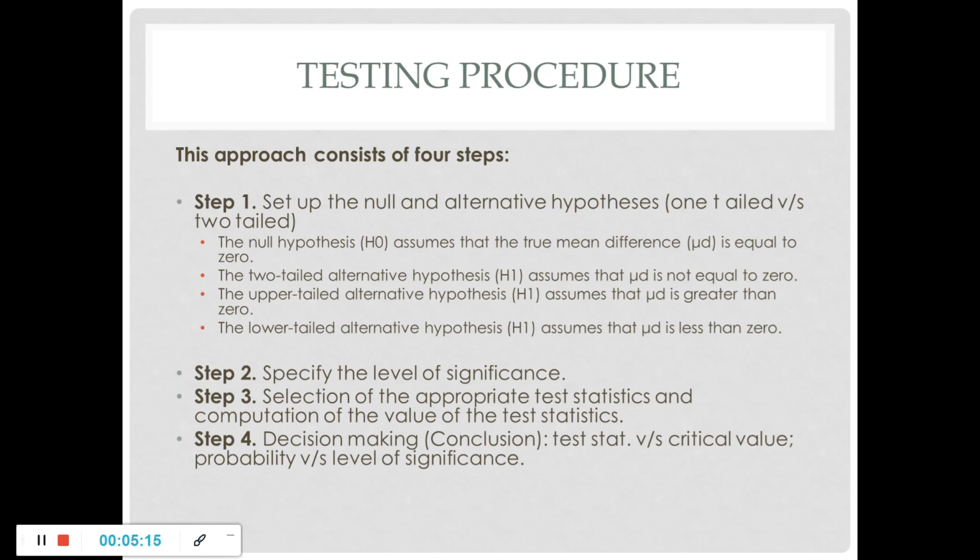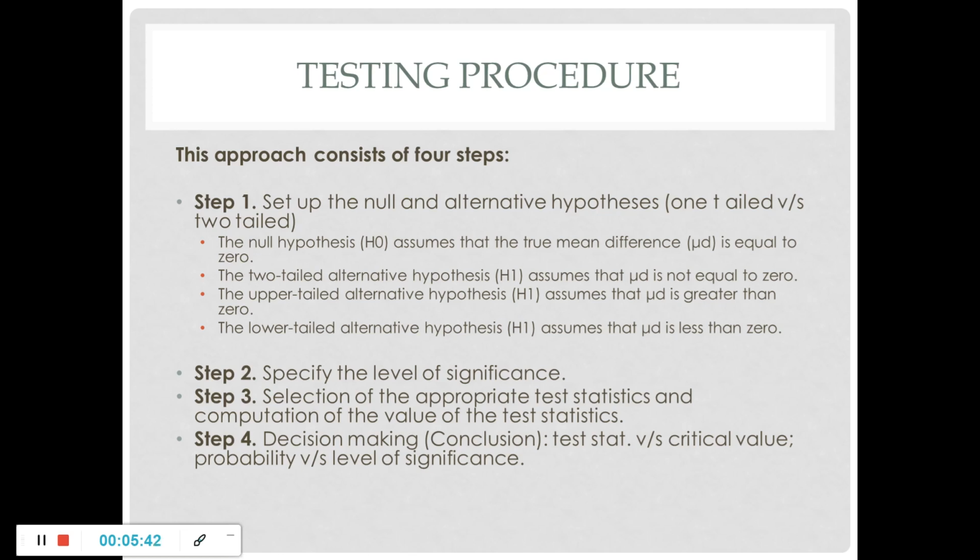So step 4, the last step, is of course decision making. The decision can be made based on two different approaches. One is the test statistic versus critical value approach, where if it is a right tail test, we can see the test statistic. If the test statistic is greater than the critical value, then you reject the null hypothesis.